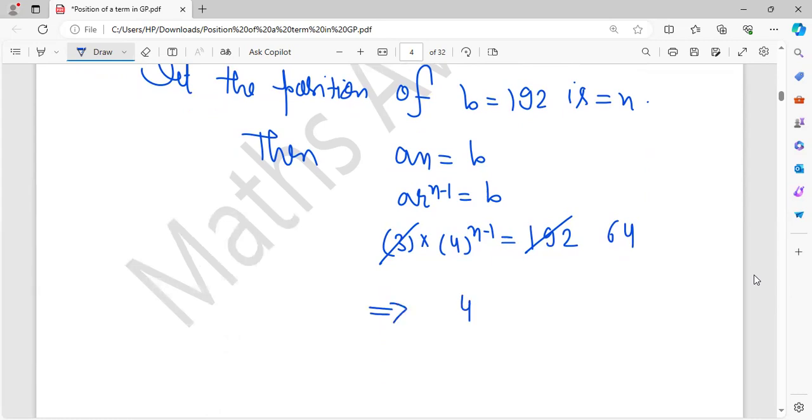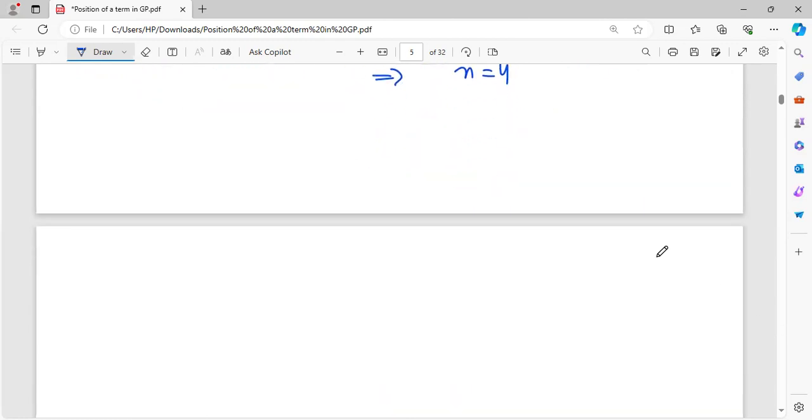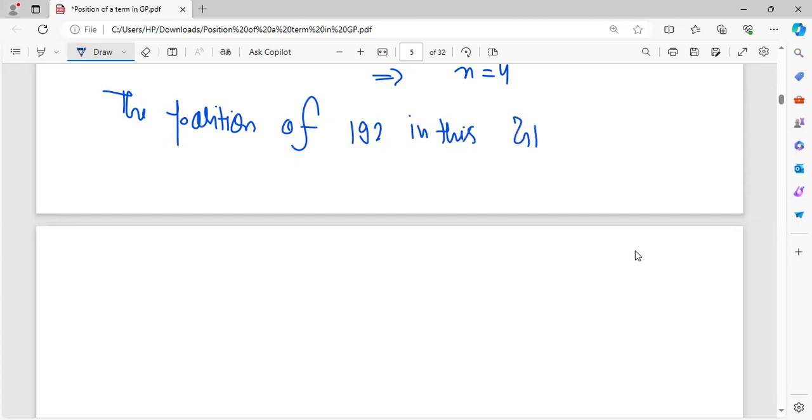So this implies 4 to the power n minus 1 equals 64. You can write 64 as 4 to the power 3. This implies n minus 1 is 3. It means the position of 192 in this GP is the fourth place.